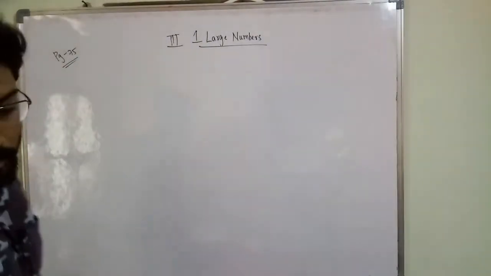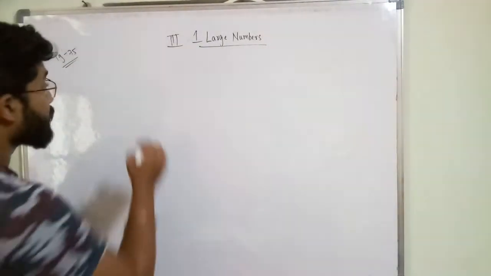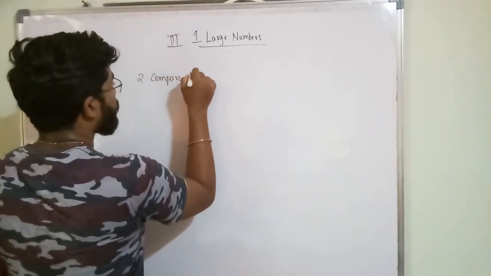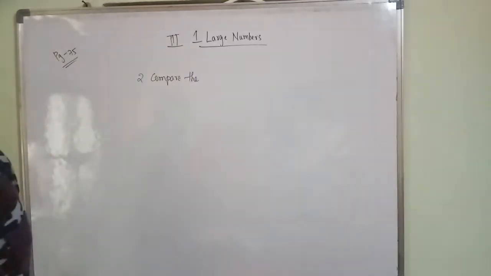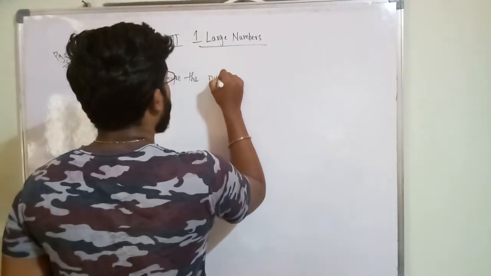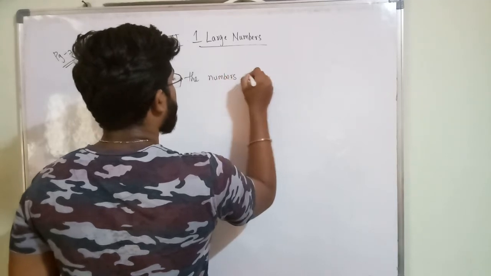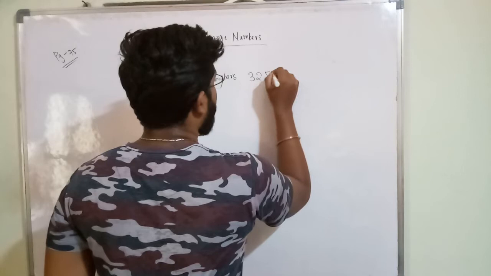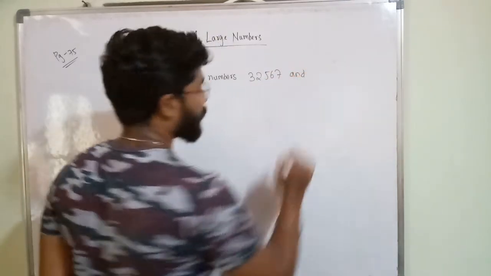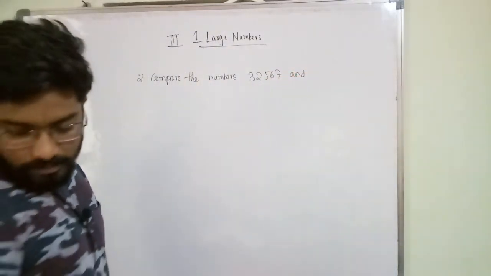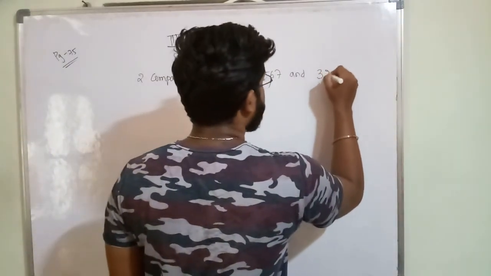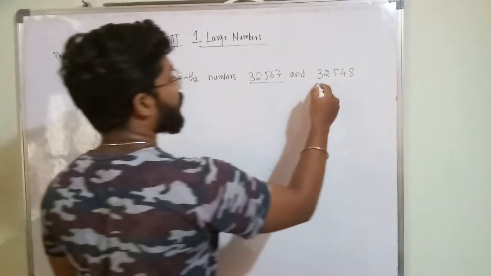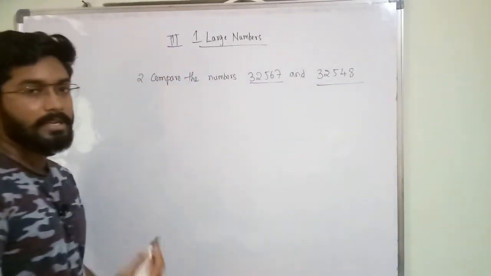The next question is compare the numbers. What are those numbers? 32,567 and 32,548. Let us do the comparison between these two numbers and see which one is greater and which one is smaller.